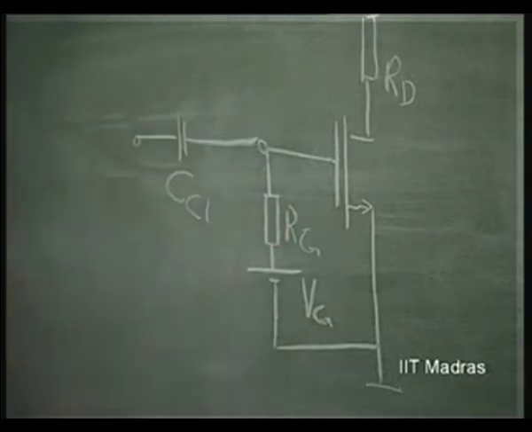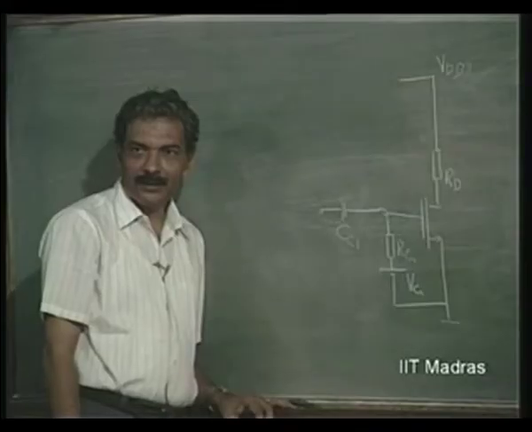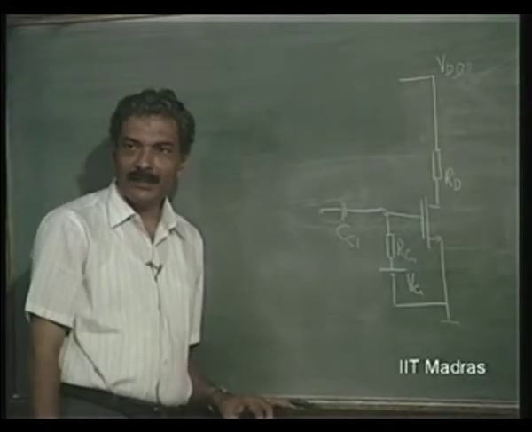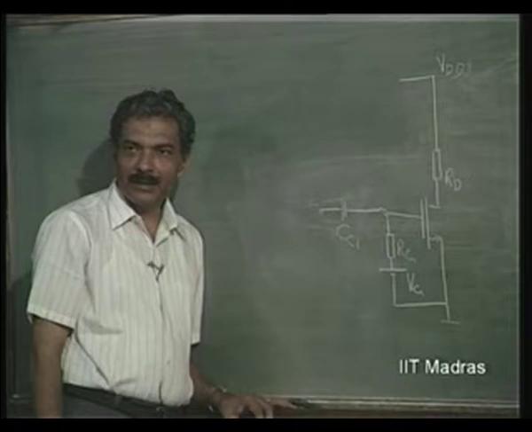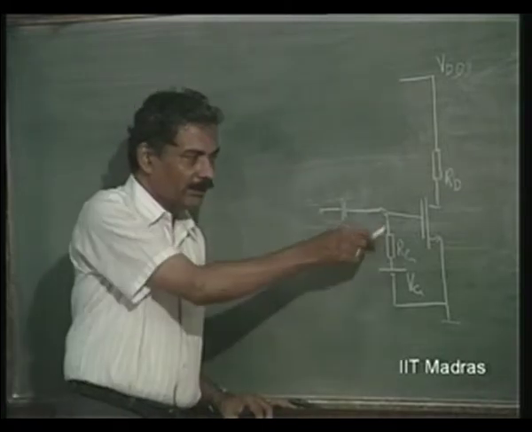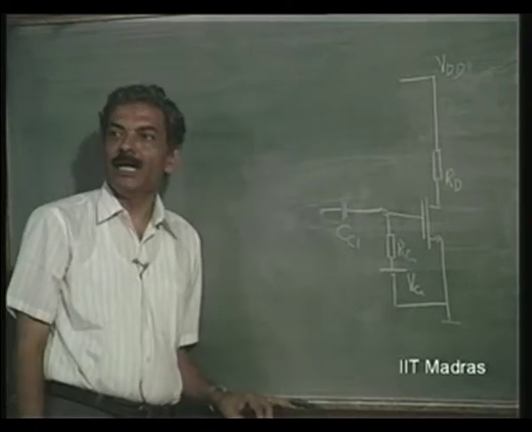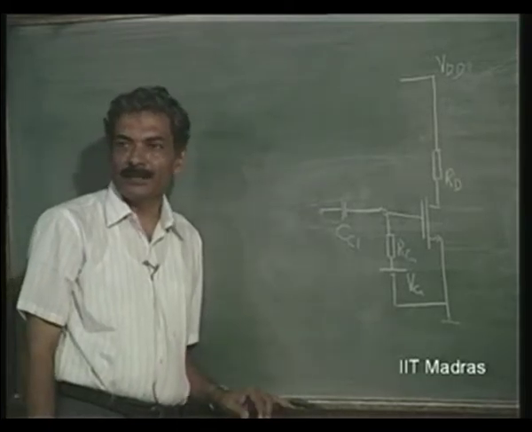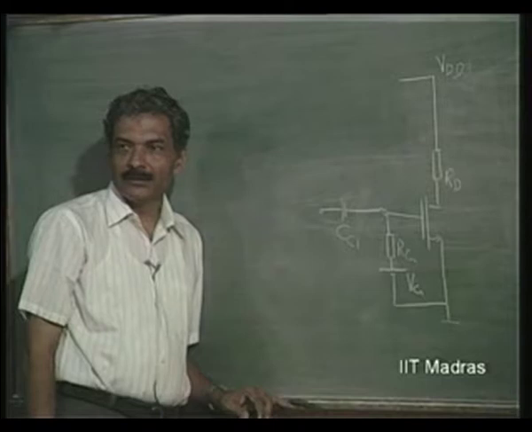It is RG that takes some amount of signal power. So, RG has to be made very large in order to take away as little signal power as possible.